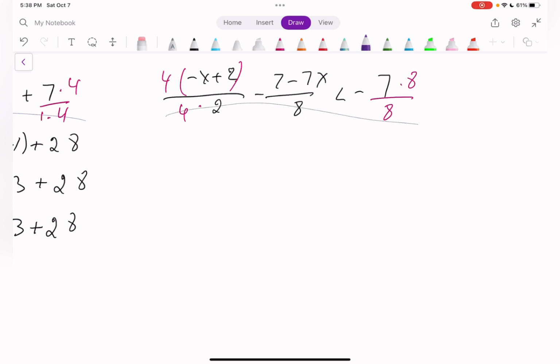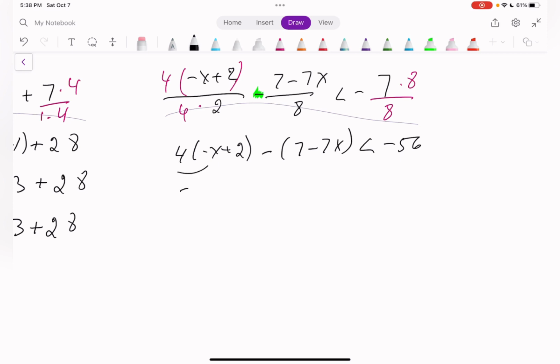Okay, we already know what to do. 4 times negative x plus 2 minus 7 minus 7x. See, in front of the fraction I see a negative, so I put it in parentheses, because a negative sign in front of a fraction we treat as a negative sign in front of parentheses. Less than negative 56.